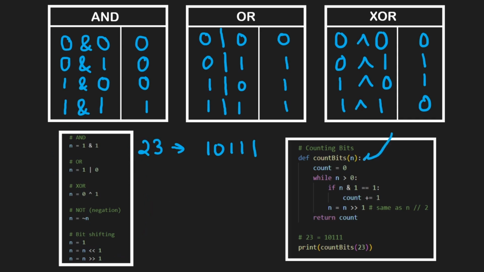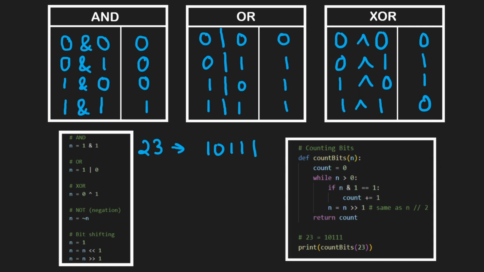So in our function, we're given the parameter. We're going to declare count, which is going to be the count of 1 bits. We're going to count while our value n is greater than 0. We're assuming we don't have to worry about negative numbers in this case. And we know that the value 0 itself, even in binary, will just be 32 zeros, so there's not going to be any 1 bits for that anyway.